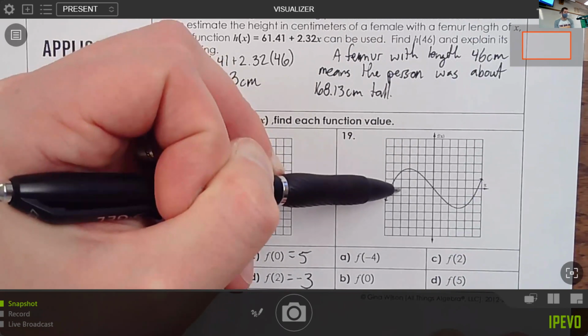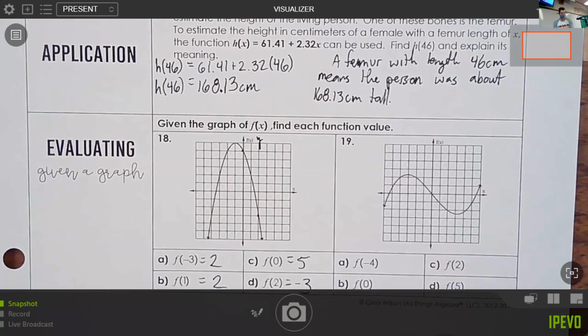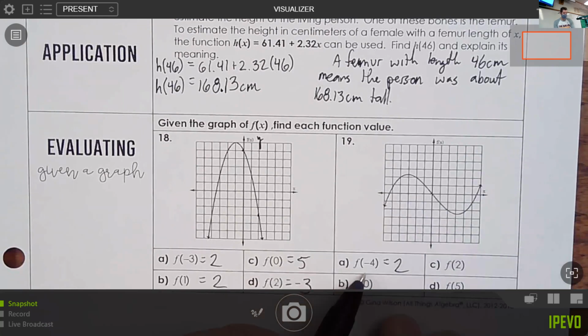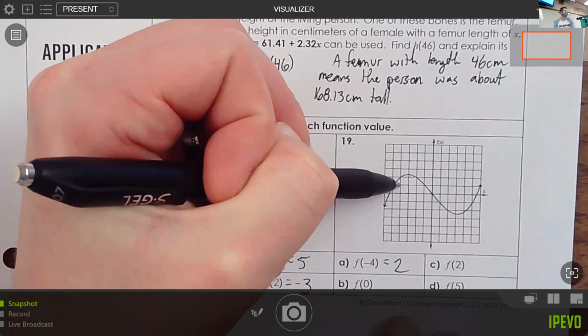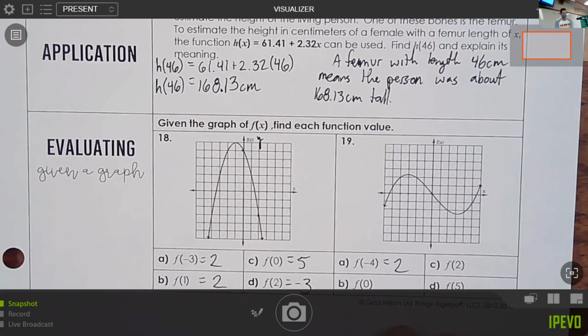Yeah, 2. So if we go from the middle, left 4, because that's -4 on the x-axis, to get to the curve, it's up 2 spaces. So f of -4 equals 2, which is the point -4, 2.